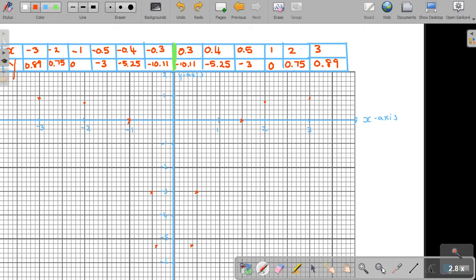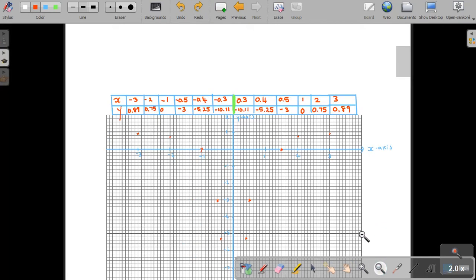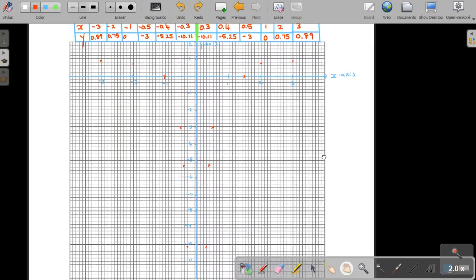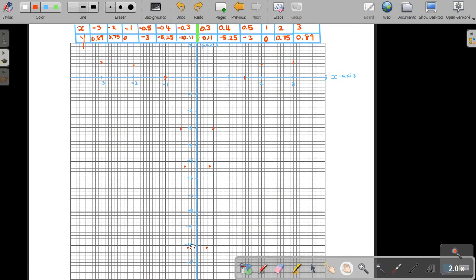And now to draw these graphs, remember you cannot connect this to, there's nothing going on there. Okay, so if I start and I must draw it, okay.